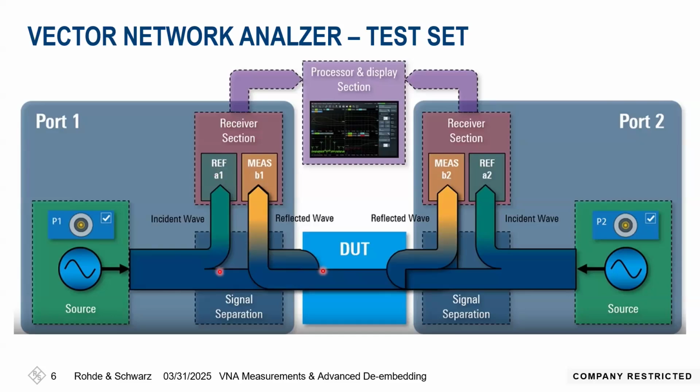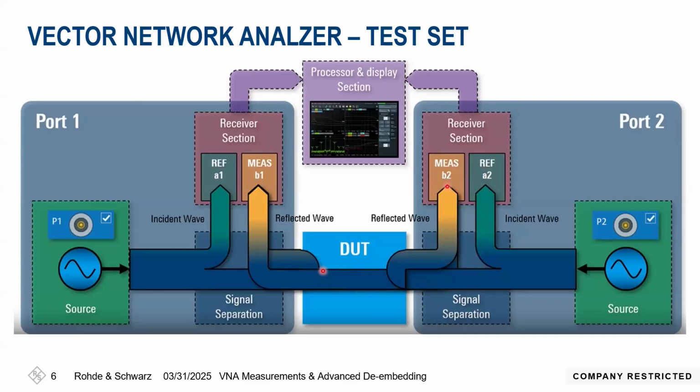The incident wave will go to the device under test, and the reflected part of the wave will come back to port 1 in the measurement receiver, and then we can measure the reflected B wave of our device under test. And of course, most of the signal will pass through the device under test, and after passing through, it will go into the measurement receiver of our port 2.